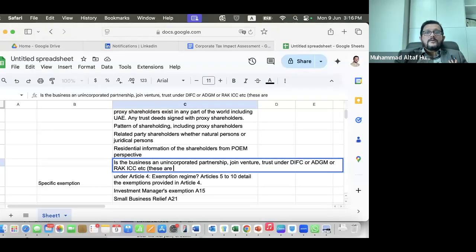These are not legal entities. Mainland trusts are legal entities.